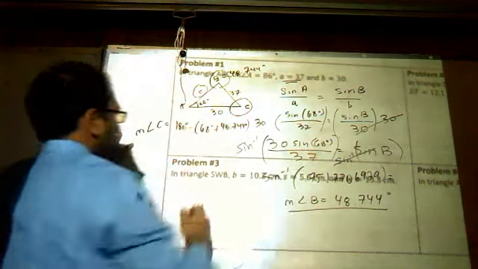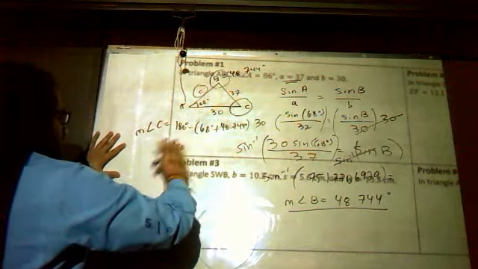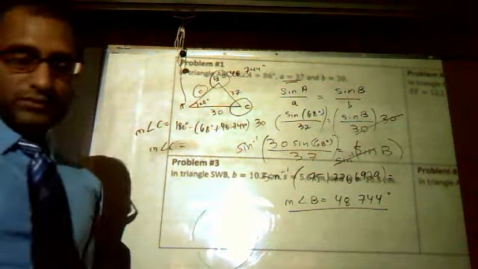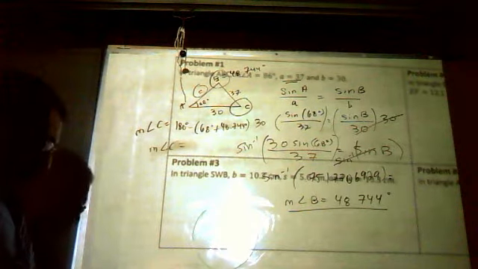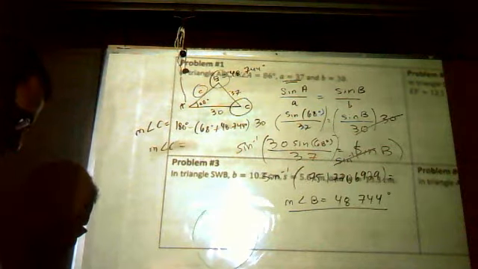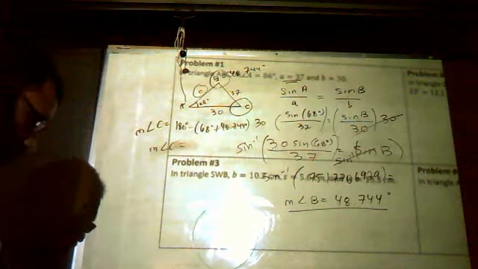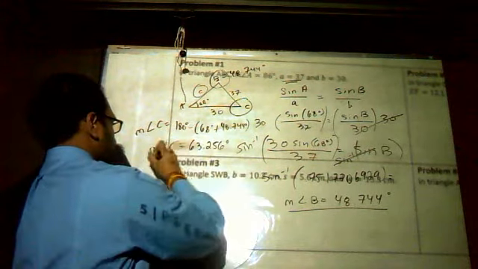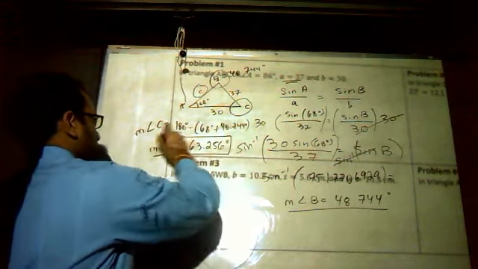And what does that give you? 180 minus that will give you the measure of angle C, which is going to be equal to 63.256 degrees.